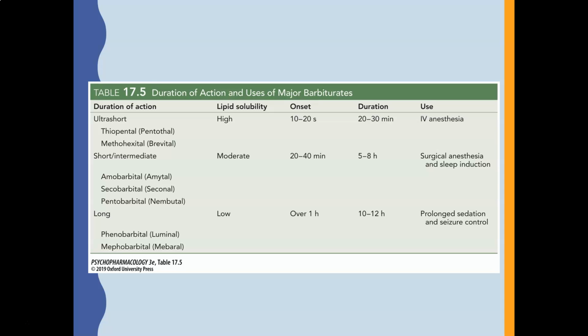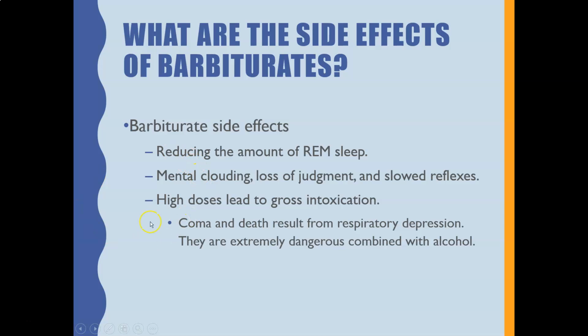used appropriately. So what are some of the side effects of barbiturates? First of all, they can reduce the amount of REM sleep. We will see things like mental clouding, loss of judgment, slowed reflexes, and higher doses can lead to gross intoxication.